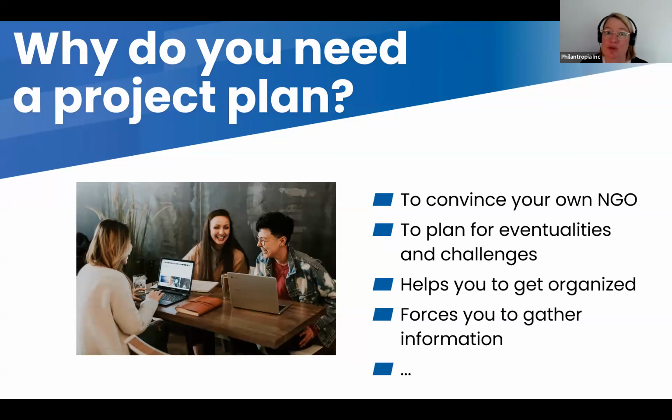It also helps you to get organized. Again, you need to specify the resources you need, the money you need, maybe also the people you need, the human resources you need, all the documents, etc. It helps you to become organized and to understand if that idea that you had is actually going to be a good project or not. And it forces you to gather all that information.